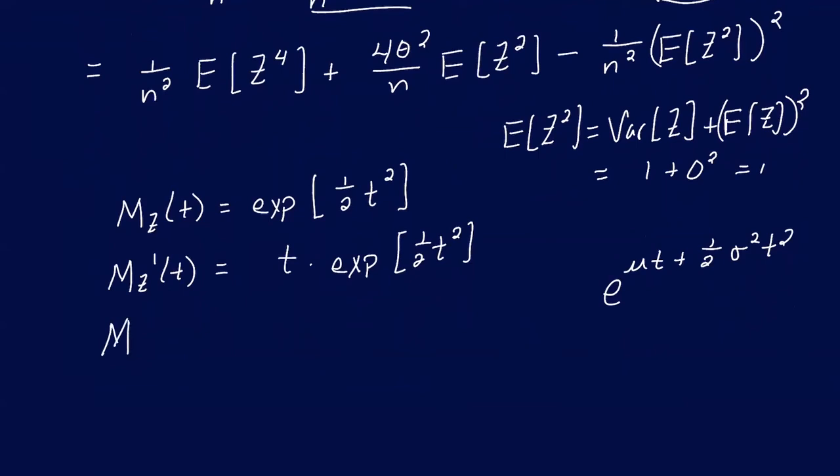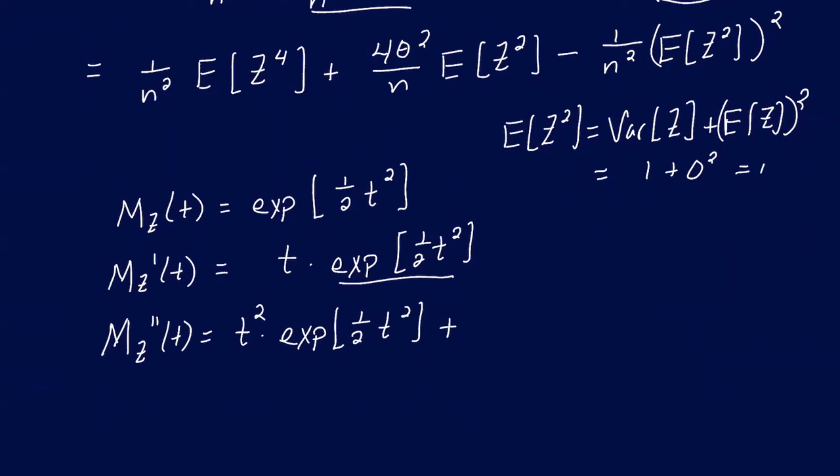The second derivative is going to need a product rule. So I get the first times the derivative of the second. Now the derivative of this part is going to give me the t again out front. So I'm going to go ahead and put that there as a t squared and just write the rest out, plus the second term times the derivative of the first term, the derivative of the t, which gives you 1.